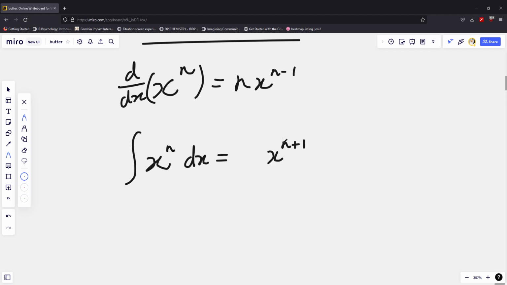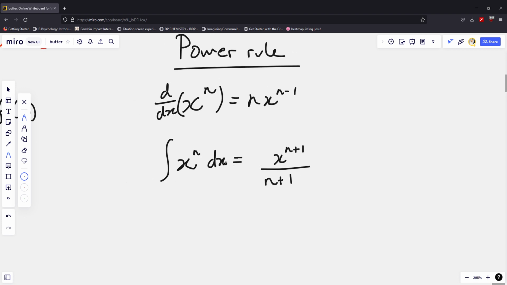And this is because when we take the derivative, we will subtract 1 from it, and that will lead us to this x to the power of n. However, when we take the integral of this, we're also left with an additional coefficient of n plus 1 when we take the derivative over here. So, to get rid of it, we're going to divide the whole thing by n plus 1 as well. And this is essentially the power rule, but backwards.